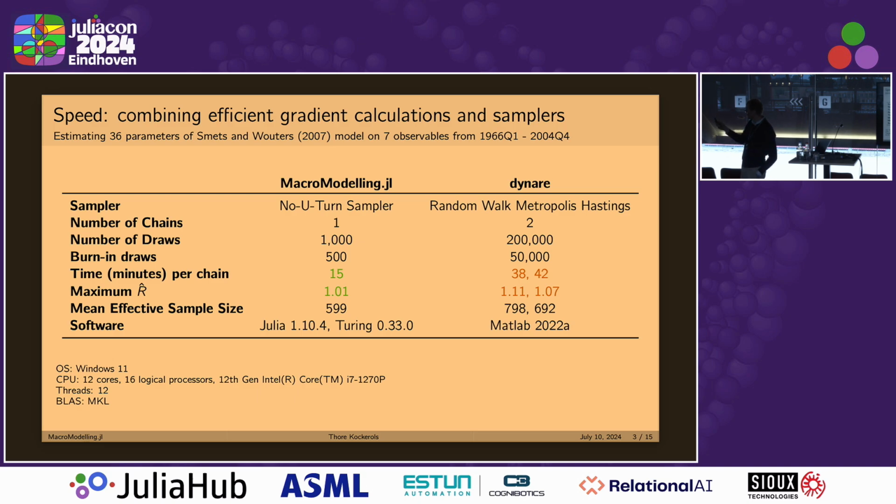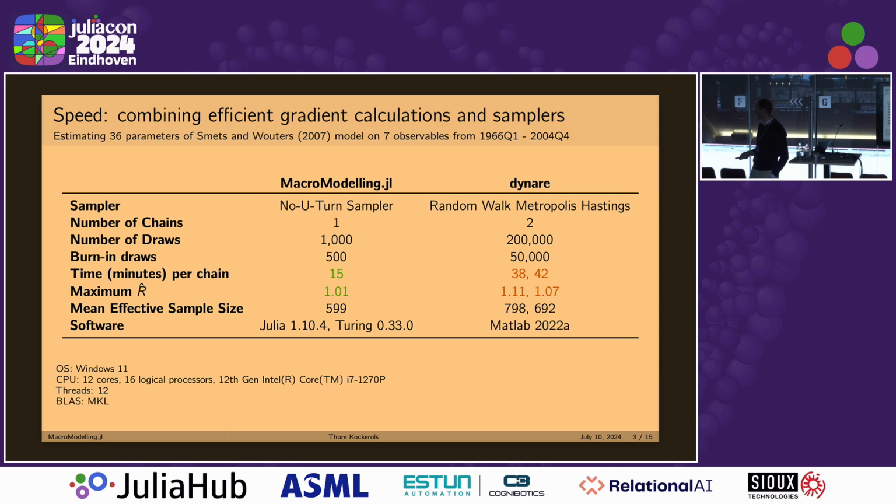There I compare the industry standard, Dynare, with MacroModelling.jl, and you see that using the No-U-Turn sampler, MacroModelling can do it in 15 minutes, and the estimates are also fairly robust: you get a max R-hat on any of these 36 parameters of 1.01, which is something where you can say, okay, I can go with this.